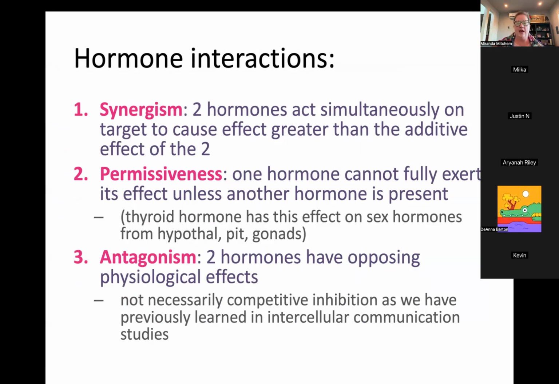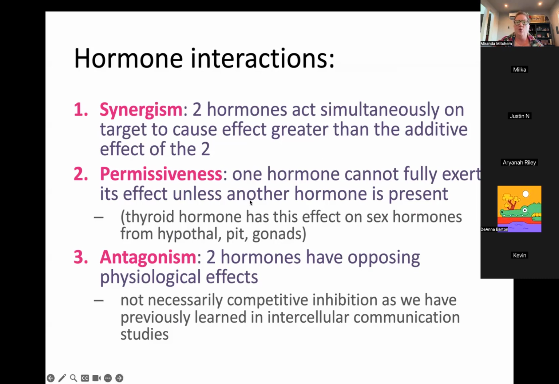So additive, just to give you an example, 1 + 1 = 2. In synergism, 1 + 1 would equal 6. So you get a much bigger response with the two hormones together.